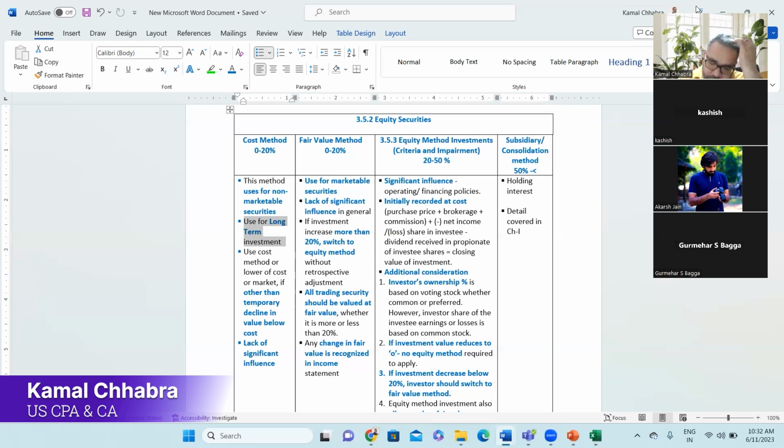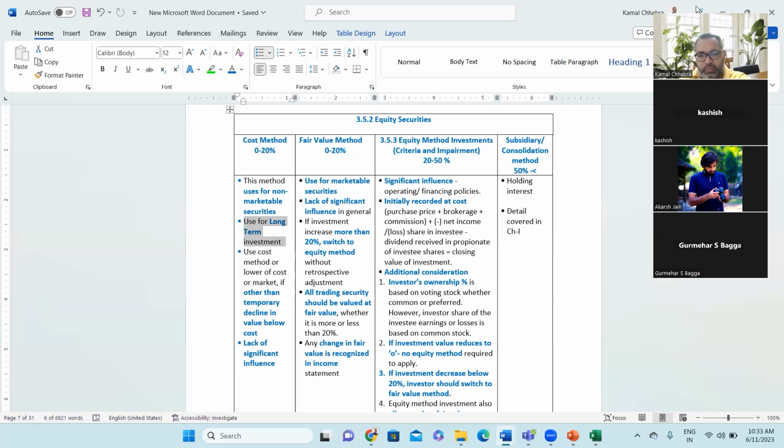So in case of investment, there may be a possibility the price will go up. There may be a possibility the price may go down. But if there is a permanent decline, which cannot go up based on the best of your estimate, then you need to recognize that loss. But temporary ups and downs, like in the share market every day, every moment and every second there is some up and down, right?